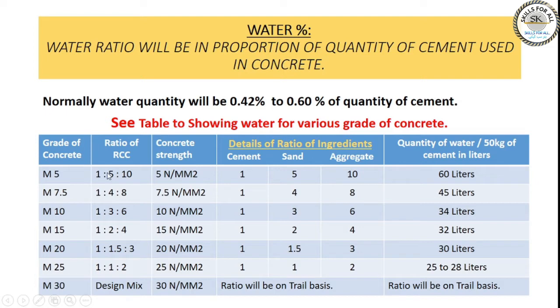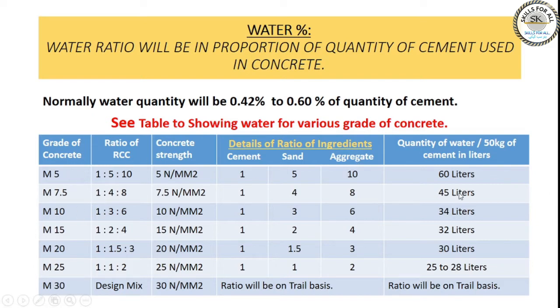So in 1:5:10, 1 is the ratio of cement, 5 is the ratio of sand and 10 is the ratio of aggregate. Sand is also called fine aggregate, and aggregate is coarse aggregate, which can be in various sizes.